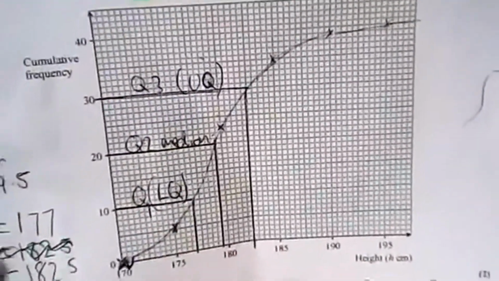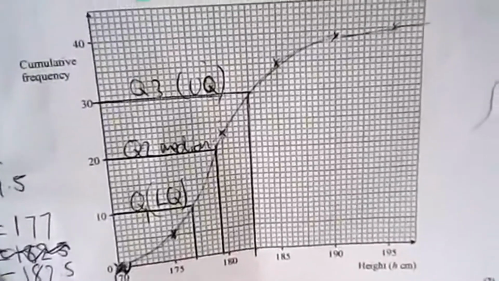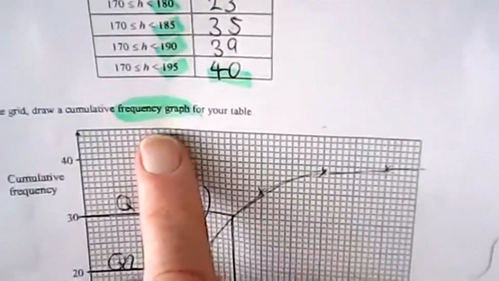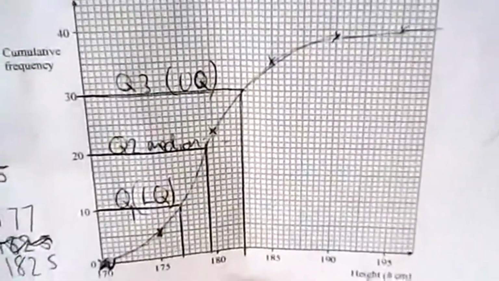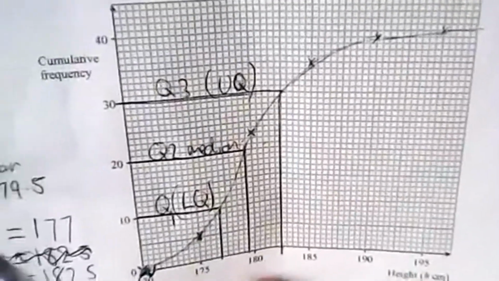Decide on whether you're going to join with a ruler or a curve, and that's in the question. Remember, if it just says frequency graph, you can decide. If it says polygon, use a ruler. If it says curve, join them up for a curve.